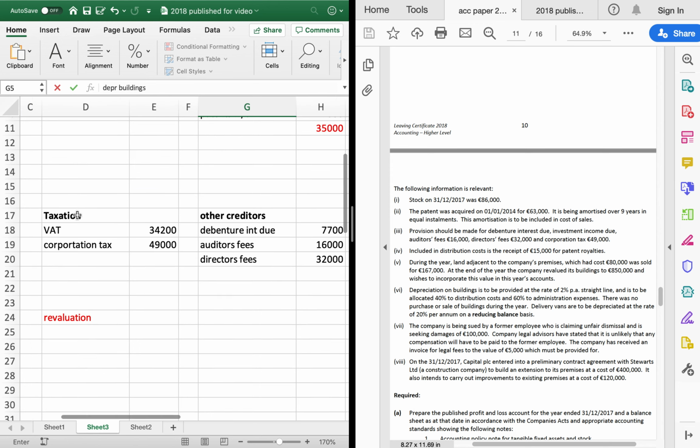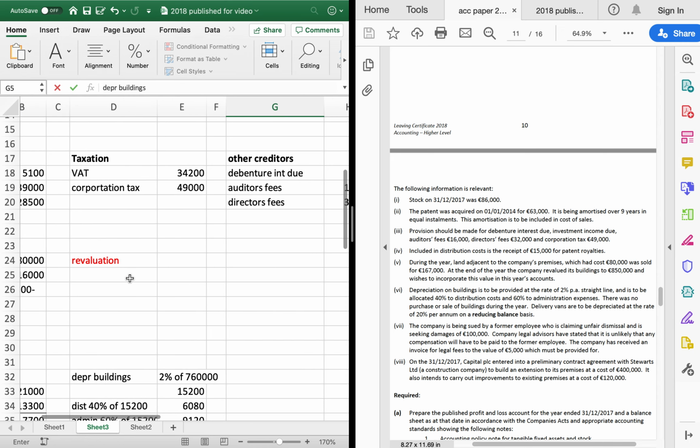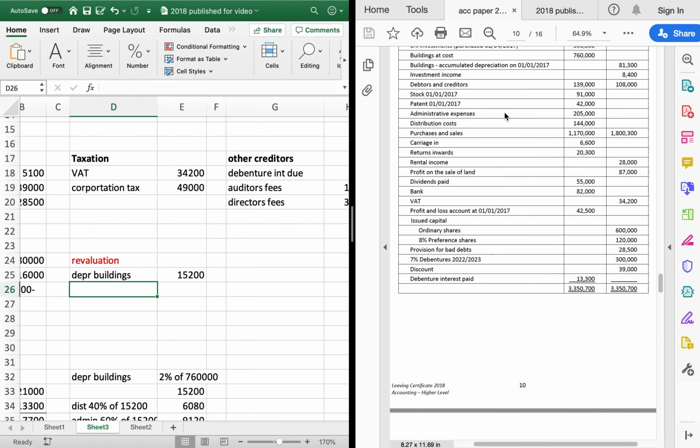Now, the 15.2, because you're revaluing buildings, that goes in there. Sorry, I missed out the accumulated depreciation, 81,300. That should go into revaluation as well, because you don't have accumulated depreciation when you revalue.